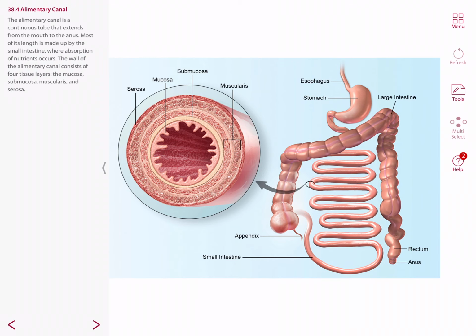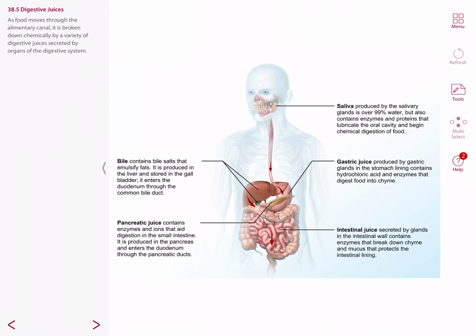Then we've got the submucosa being mostly areolar tissue, and then we have a muscularis layer outside of that. You'll notice that muscularis layer has two separate layers there. The inner is going to be a circular layer, with the outer being a longitudinal layer, and outside of that we have the serosa, or in this case the peritoneum, which is similar to the pericardium or the pleura in other regions of the body.